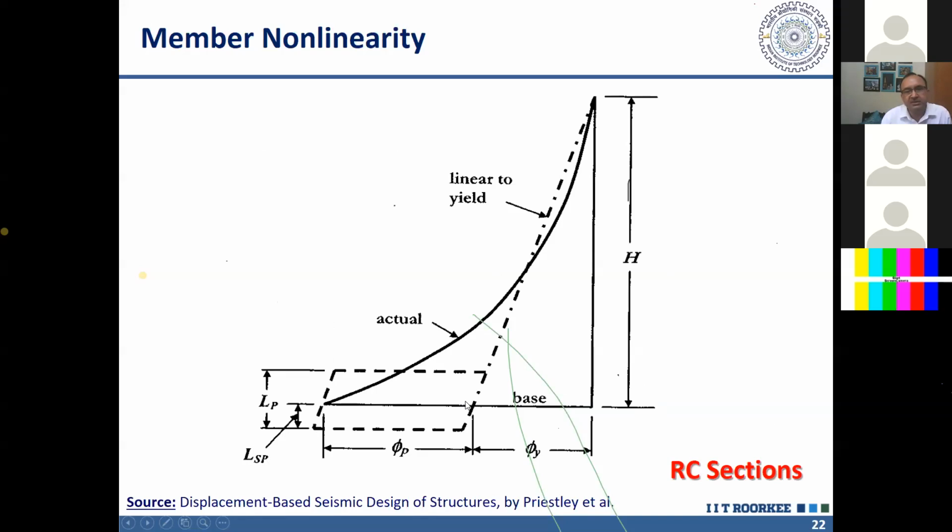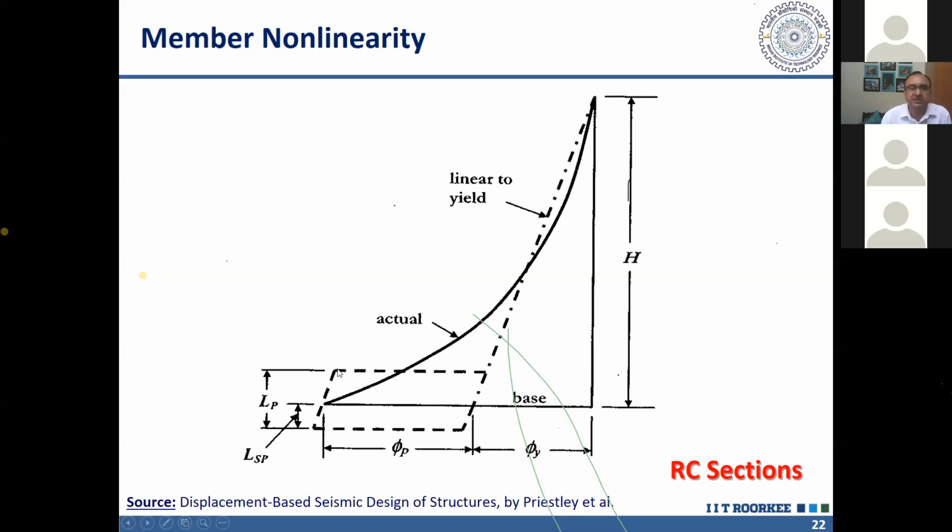So the maximum strain will occur here, and that maximum strain will reduce as we go into the foundation, but it will take a certain depth to become zero. So strain will be penetrated into the member which is joining foundation, or maybe a column if this was a beam. So there is a penetration length of a strain which we represent by LSP.